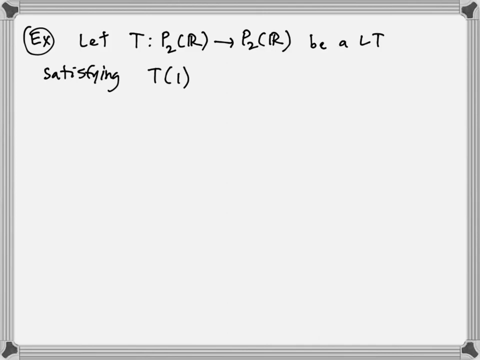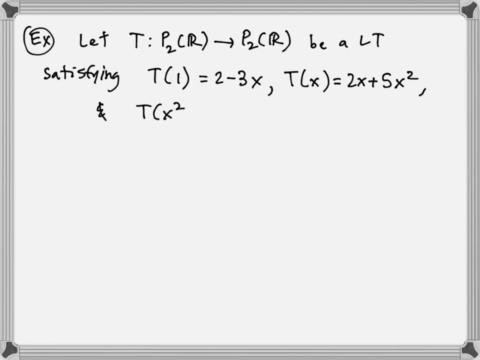T of 1 is equal to 2 minus 3x. T of x is equal to 2x plus 5x squared, and T of x squared is equal to 3 minus x plus x squared.